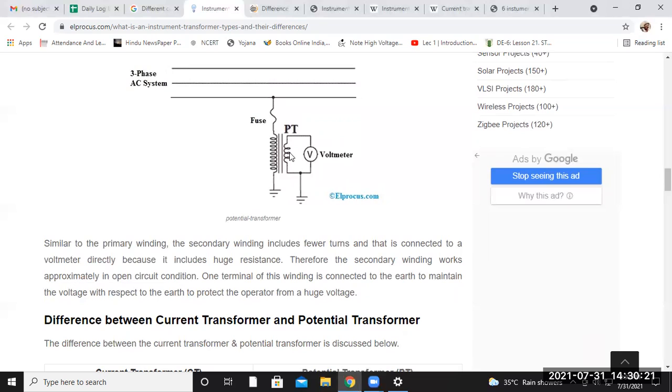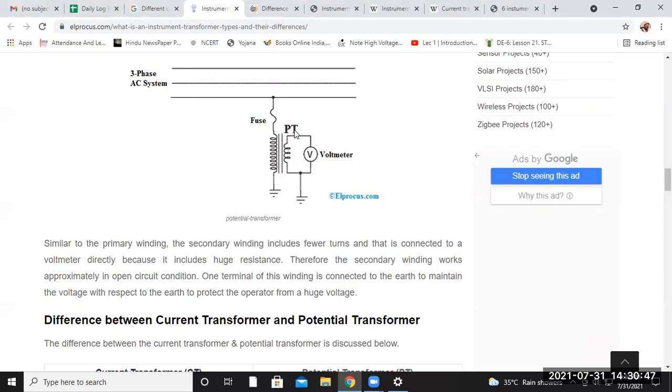So for the step down transformer, the value of the voltage on the load side, or voltmeter, will be lesser. Depending upon the range of the value, if you scale it back in the actual format, you will get how much voltage is flowing through the transmission line. So that's why this is called a parallel transformer, or you can say a step down transformer also.